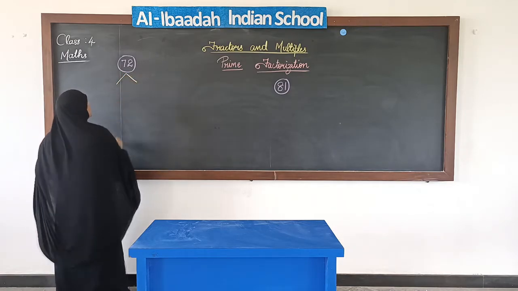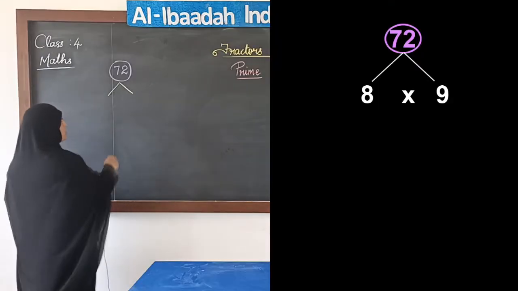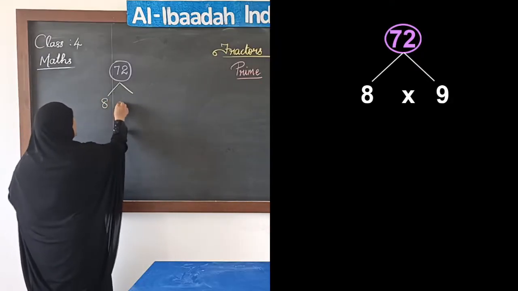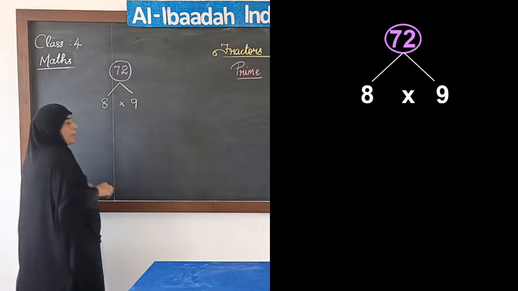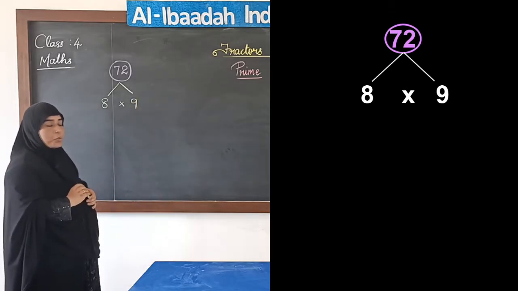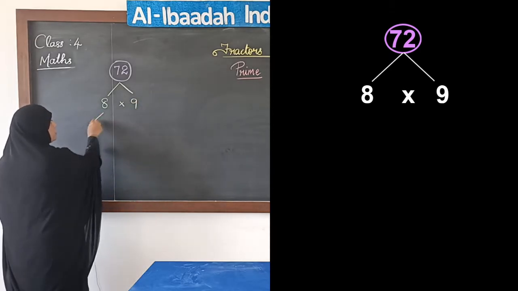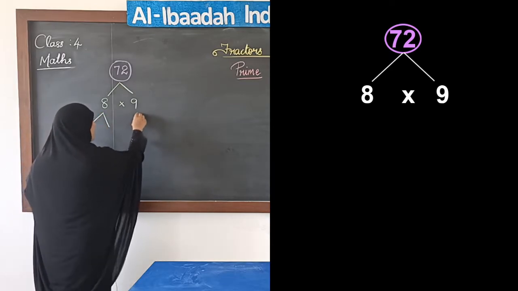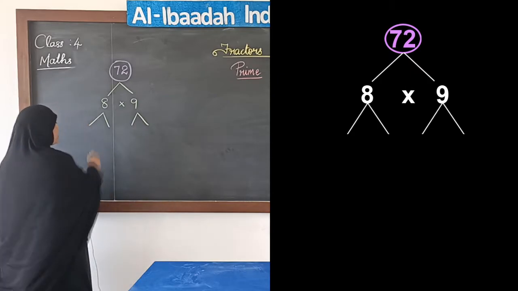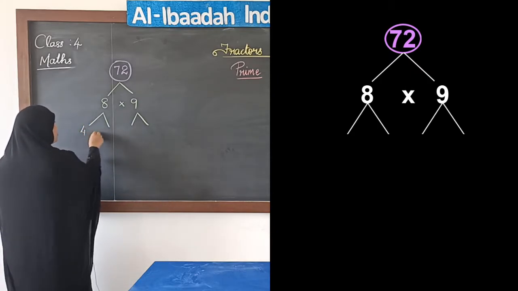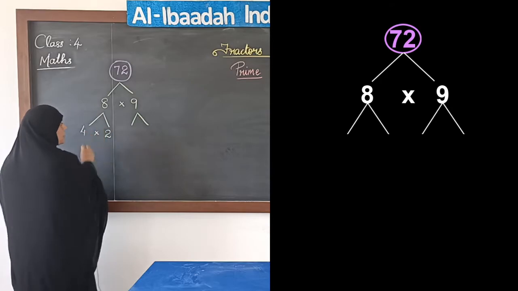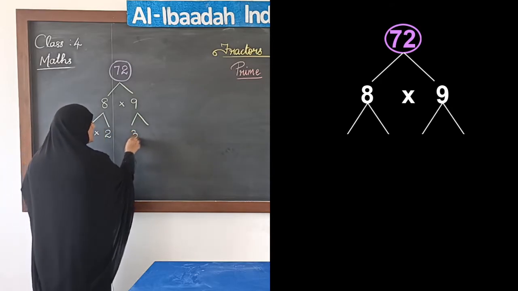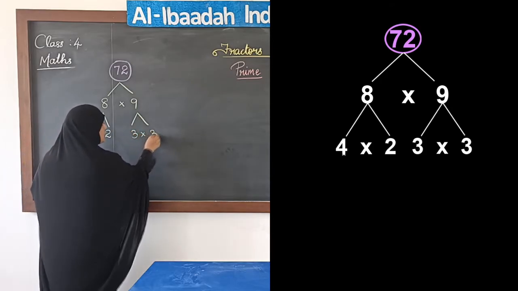Which are the two numbers that we can multiply and get 72? 8 and 9, right. 8 nines are 72. Further we are going to find the factors for 8 and the factors for 9. Factors for 8 we can write as 4 into 2, and for 9 we can write 3 into 3.